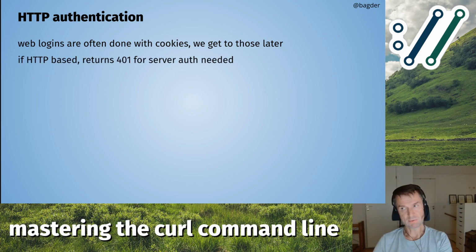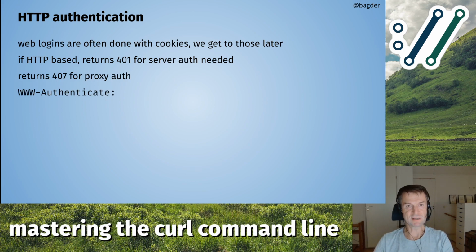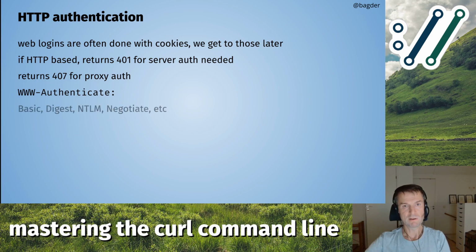But usually HTTP authentication is pretty much like when you get a 401 back from a server, it means I want authentication. If it's a proxy, it returns 407. A server would then include a header that says, I can speak one of these different authentication methods. And then you would use one of those.